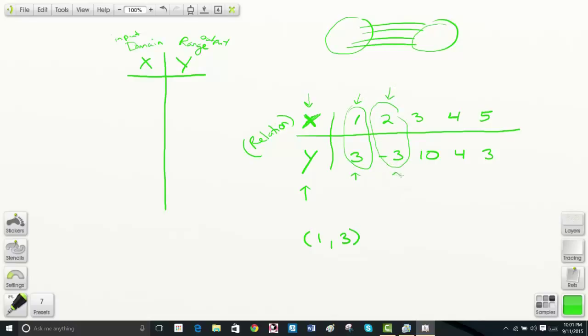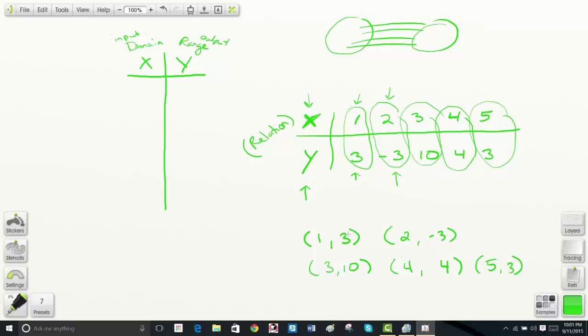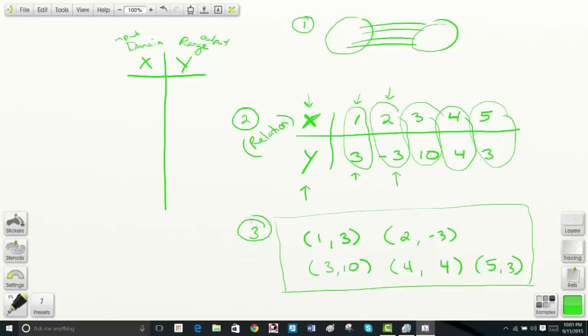Input 2, output -3. So I'll write that as another ordered pair. 2 and -3. And I can continue on. 3, 10, 4, 4, and lastly 5, 3. This is our third way of describing a relation between two sets of numbers. First one was the two circles, second one was the T-chart, third one is the ordered pair.